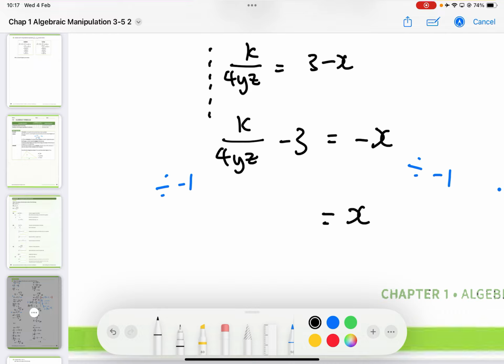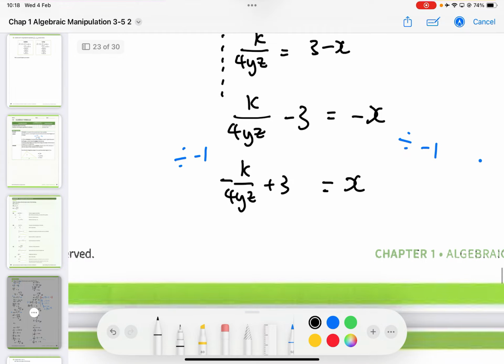Then when I divide by negative 1, negative 3 becomes positive 3, and the positive fraction becomes a negative fraction. Then of course it will be neater to write my positive 3 in front, then the negative fraction I put behind. Okay?